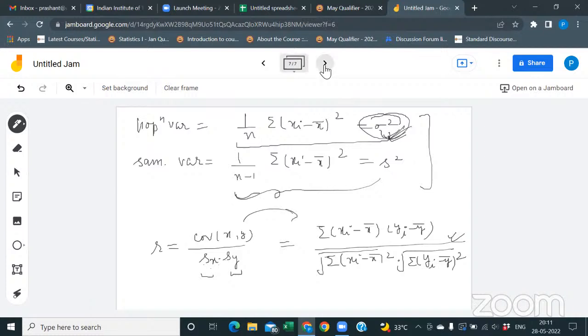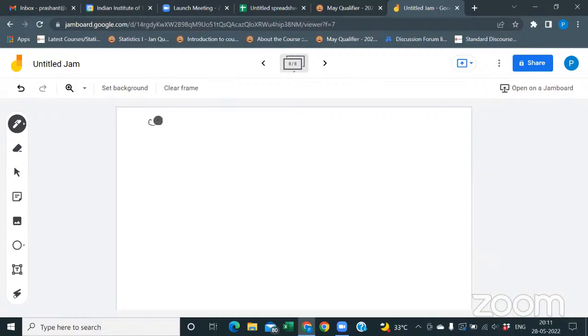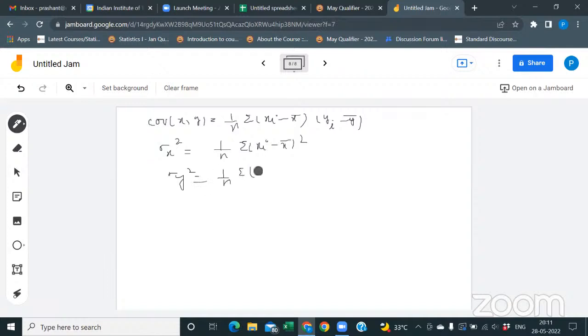Suppose you are using the population covariance formula: 1 upon n summation of (xi minus x bar) into (yi minus y bar). And the population variance is 1 by n summation (xi minus x bar) square, and similarly for y, 1 upon n summation (yi minus y bar) square.